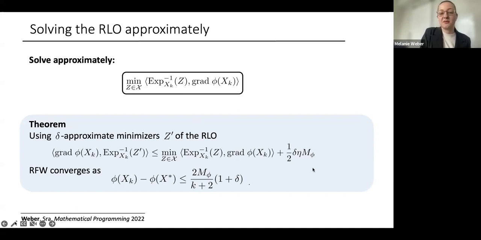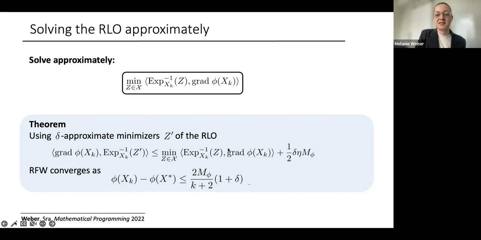We have some notion of measuring the approximation error, an additional term on the right-hand side that measures how far from the exact solution of the linear oracle we are. And as long as that delta is not too large, we can still recover the sublinear iteration complexity, just with slightly worse constants.